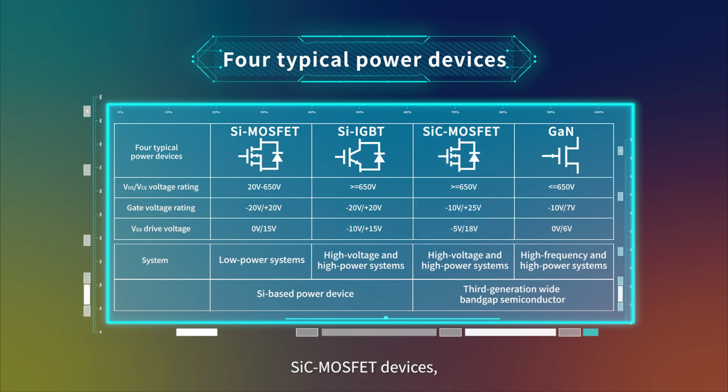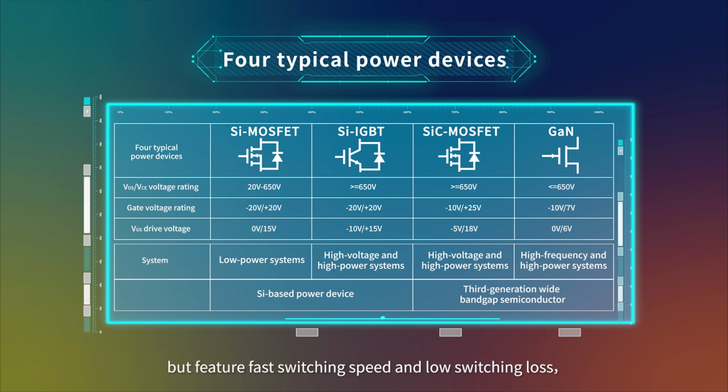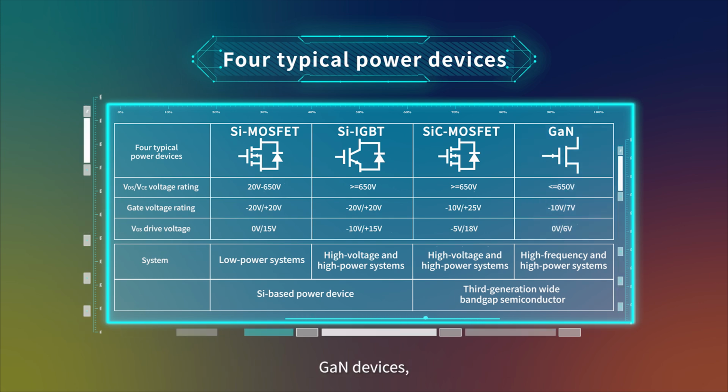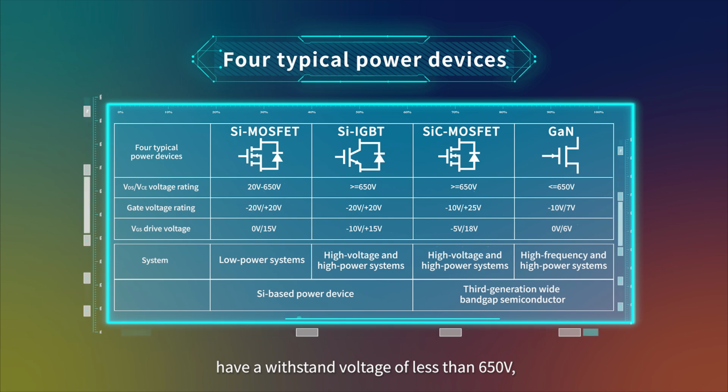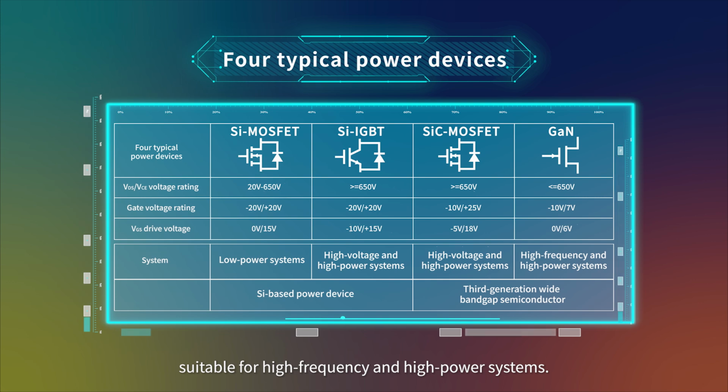Silicon carbide MOSFET devices provide a withstand voltage range comparable to IGBT, but feature fast switching speed and low switching loss, and are more suitable for high voltage and high power systems. GaN devices have a withstand voltage of less than 650 volts, but provide obviously advantageous switching performance, suitable for high-frequency and high-power systems.